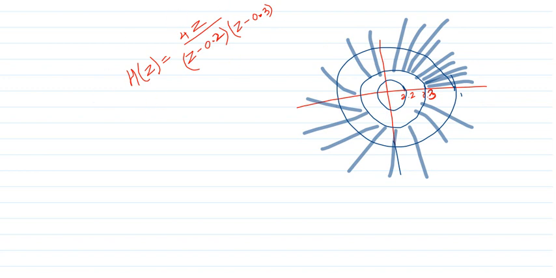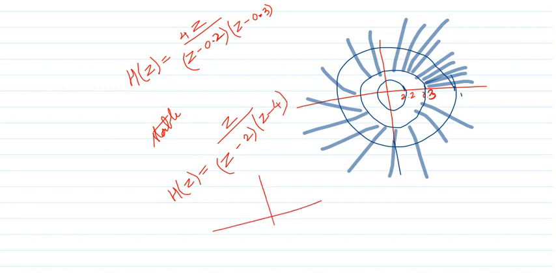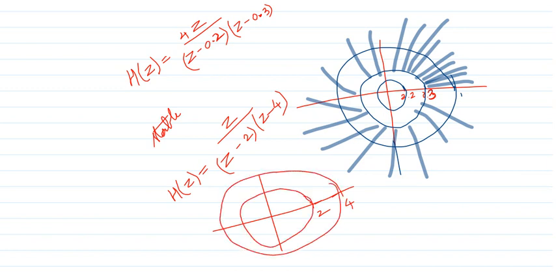Then this system is stable. This H of Z is stable. Suppose H of Z is Z by Z minus 2 and Z minus 4. Where are the poles? Pole is at 2, pole is at 4. So this is one circle, this is another circle. Inside we have the unit circle. So if the ROC is going outside 4, then it is not touching 1.